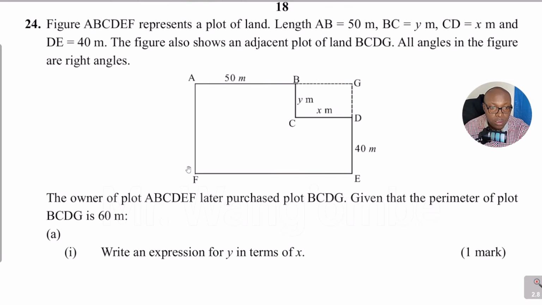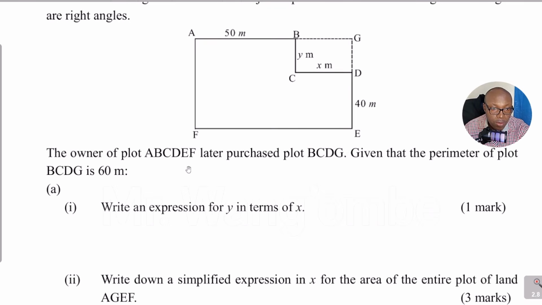You can see all the measurements indicated. The owner of plot ABCDEF later purchased plot BCDG. Given that the perimeter of plot BCDG is 60 meters, part A, part 1, write an expression for y in terms of x. We can start with that.